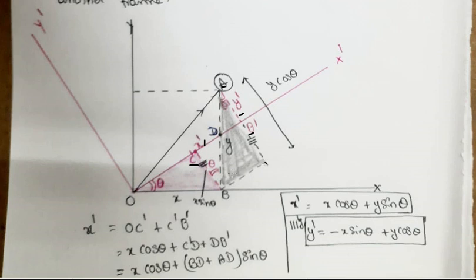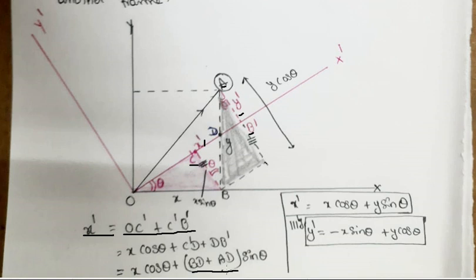Now, taking the reference frame distance, x dash is equal to OC dash plus C dash B dash, that is, I have split it from O to C dash and C dash to B dash. Again, this C dash B dash we can split into C dash D and D B dash.